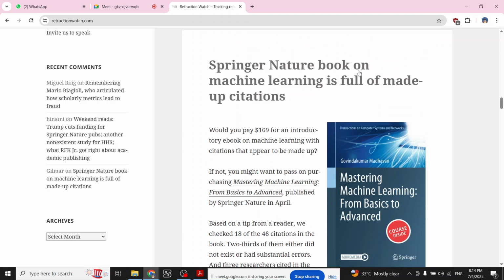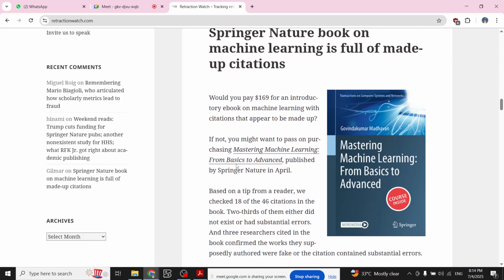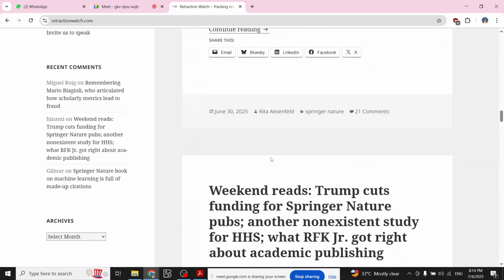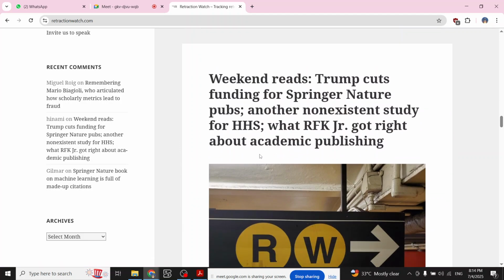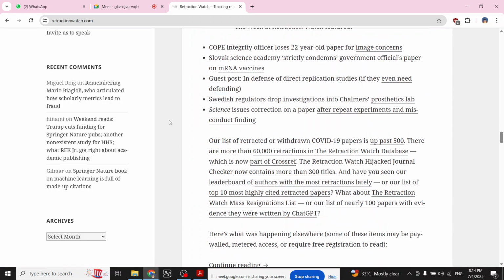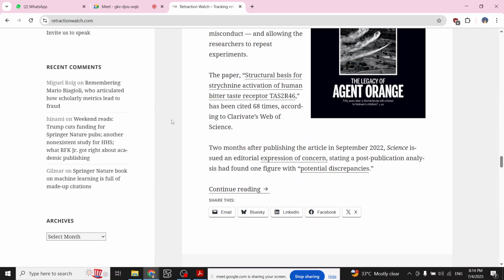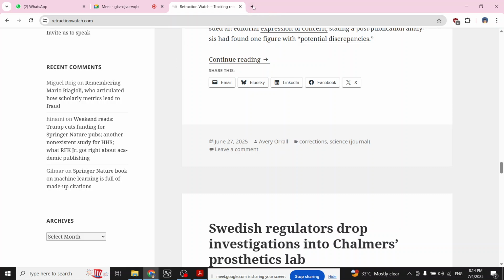For example, a Springer Nature book on machine learning is full of made-up citations that don't exist. You can just check this site.